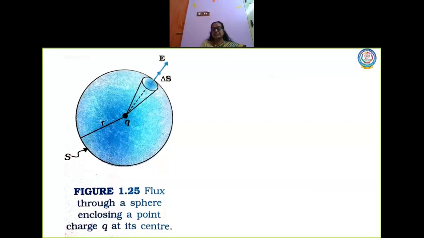Gauss law's dependence is mainly based on electric flux, right? So please go through the points we discussed in that topic to be very familiar with Gauss law. Clear, children? So let us move on to Gauss law.